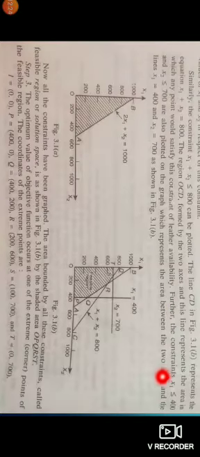Further, the constraints x1 less than or equal to 400 and x2 less than or equal to 700 I have already explained, shown in figure 3.1b. Now all the constraints have been graphed.